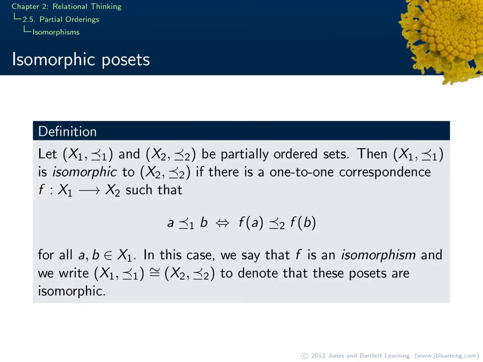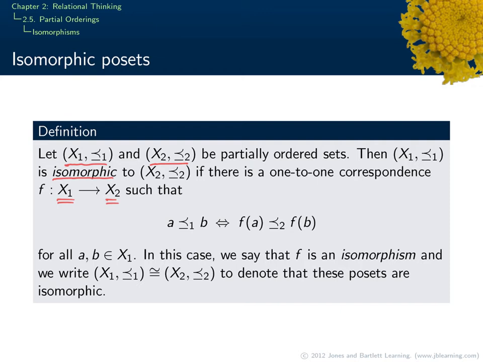Some partially ordered sets, even though they look superficially different, are fundamentally and structurally the same partially ordered set. So how does that happen? Let's suppose we have two partially ordered sets, x1 and x2. We say that these two partially ordered sets are isomorphic, meaning the same, if there's a one-to-one correspondence from x1 to x2 that is order preserving.